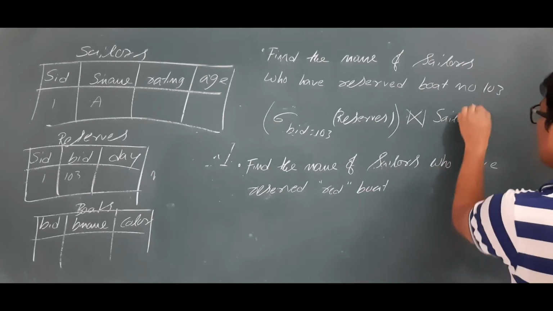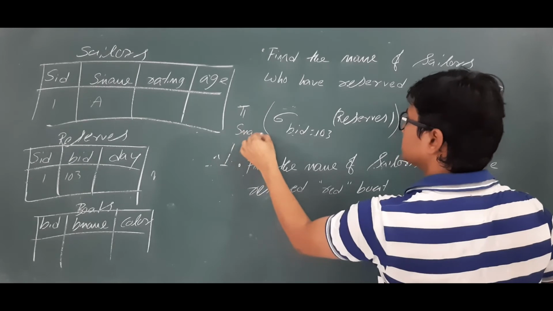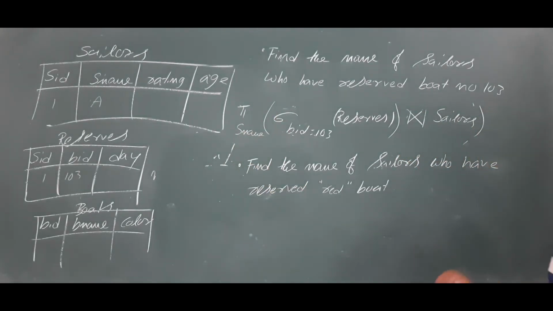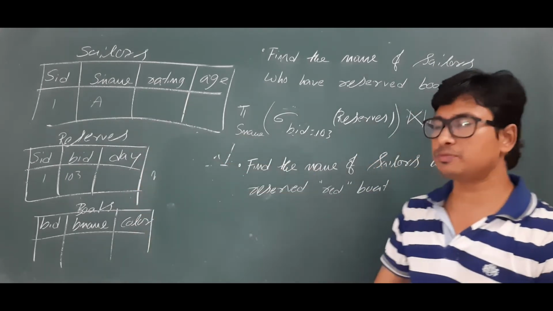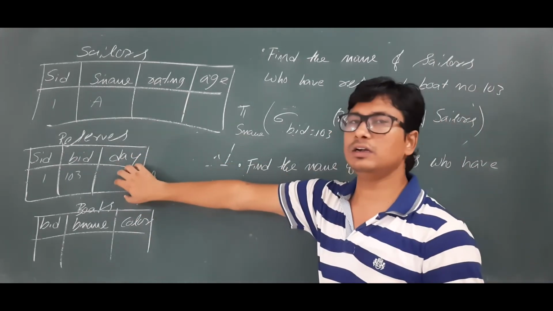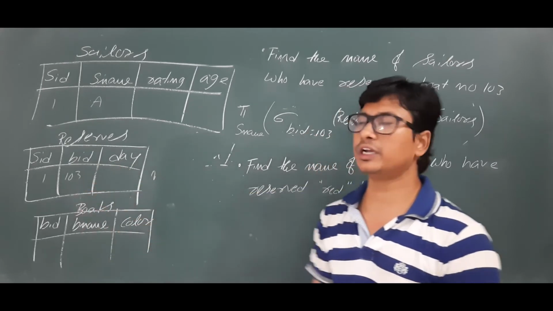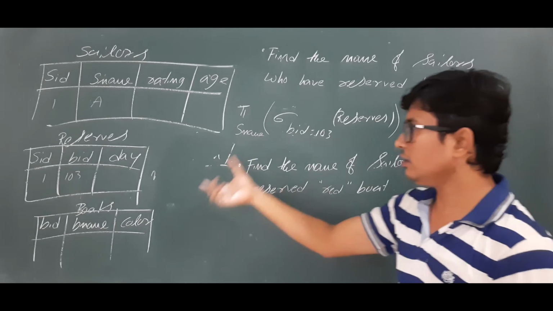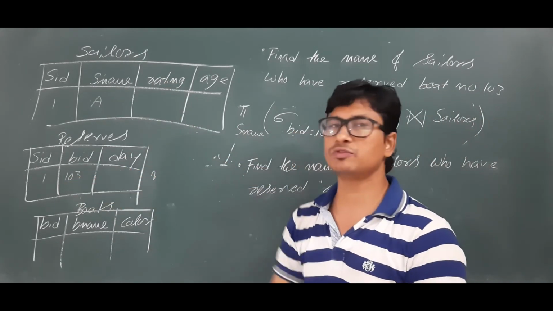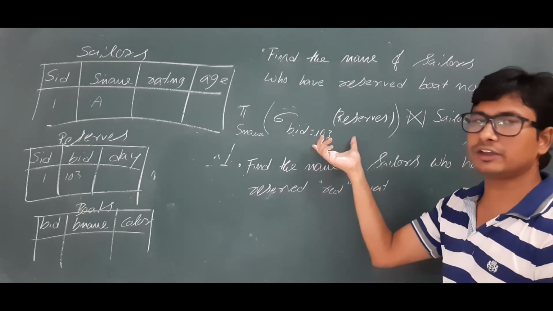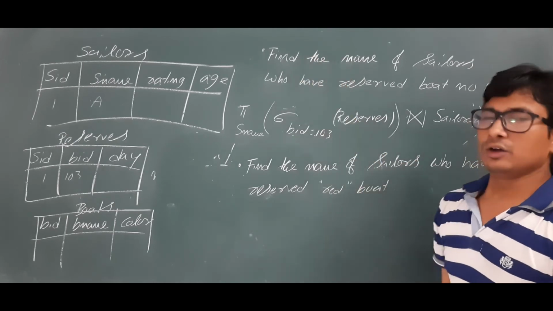Is it clear? On top of that, I am applying the projection operator on S name. So which is better? Applying the natural join with all the tuples in reserves and sailors, or first selecting the tuples satisfying boat ID is equal to 103 and then applying the join with sailors only for those tuples, because obviously I need only the tuples which satisfy 103. So I can say that this is an efficient query for this question.